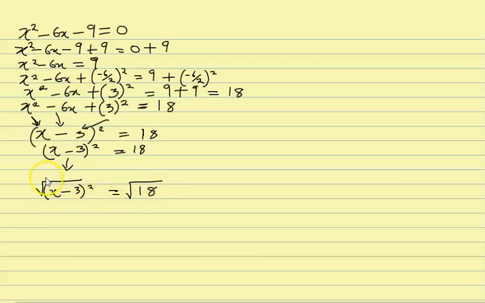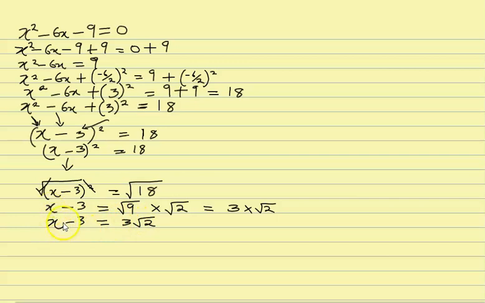Mathematically this just cancels out the square, and we have x minus 3 equals, and we can break this down into the square root of 9 multiplied by the square root of 2, and this is just equal to 3 multiplied by the square root of 2. Therefore, we have x minus 3 equal to 3 root 2.